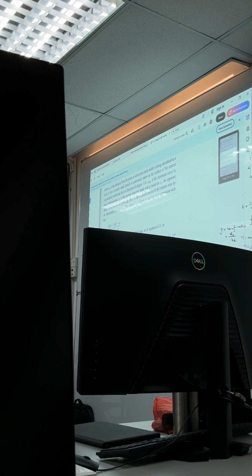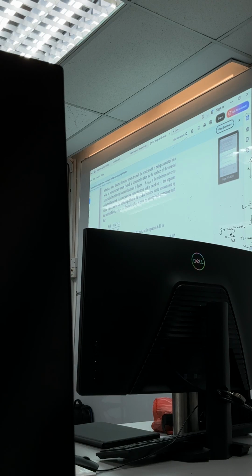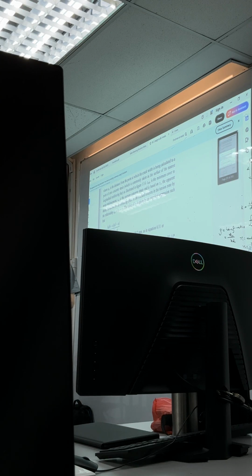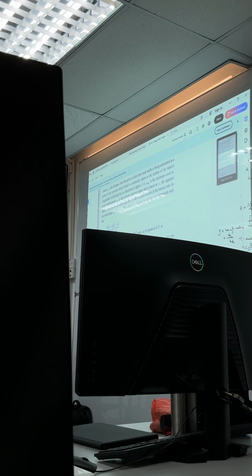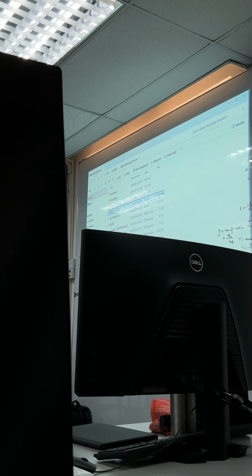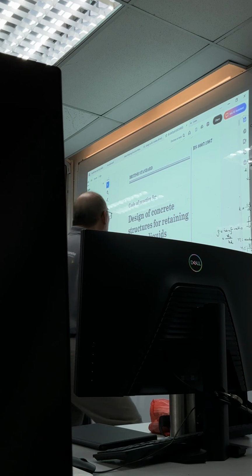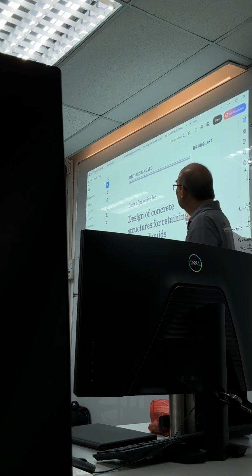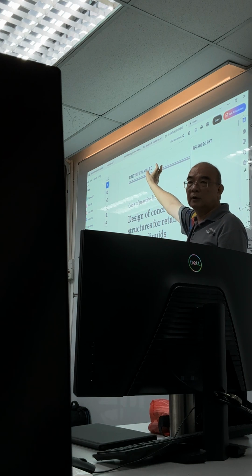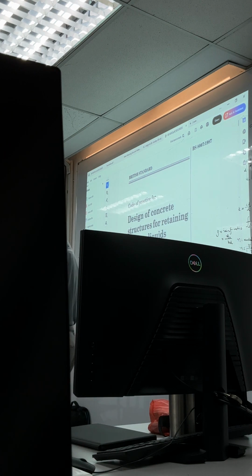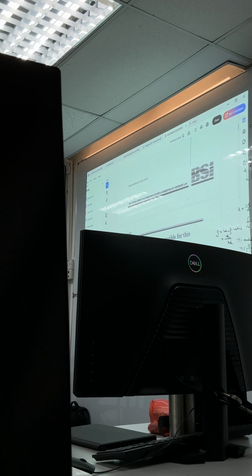This equation is actually coming from the code, from ES 8007, which I uploaded. So if you look at ES 8007, you will see this. The code required for water tank design is ES 8007.